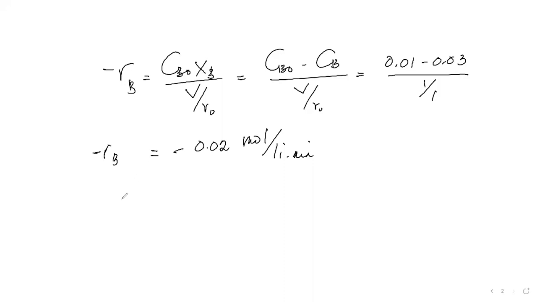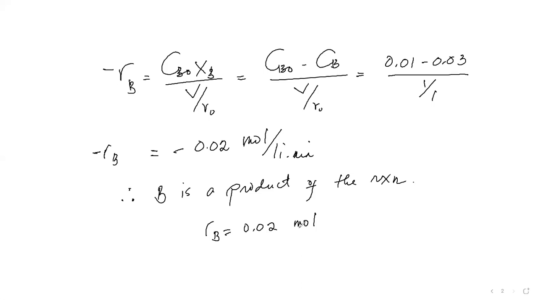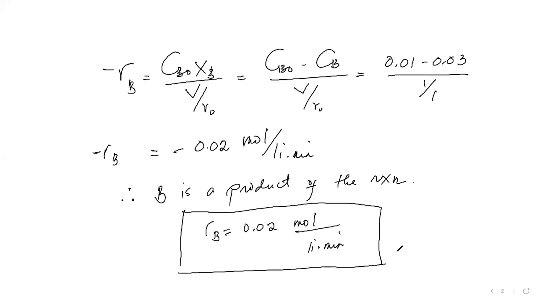So I will write, therefore, B is a product of the reaction. And the rate, I'm used to writing negative, should now be written as positive. So the rate of formation of B is 0.02 mole per liter per minute. So that's your B. Okay?